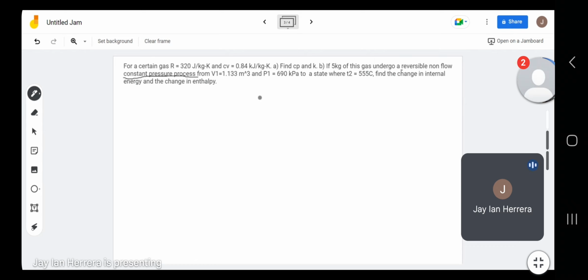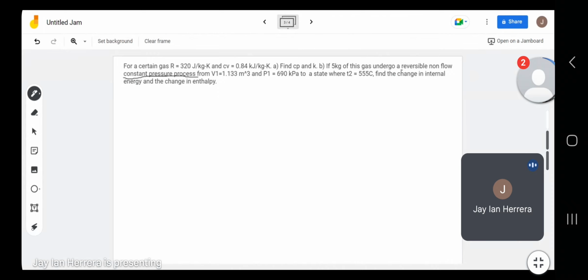And letter B, a 5 kilogram of this gas undergoes a reversible non-flow constant pressure process, so discuss natin to later on. So constant pressure process, this is isobaric. From V1 equivalent to 1.133 cubic meter and P1 equivalent to 690 kPa to a state where the T2 is equivalent to 555 Celsius.